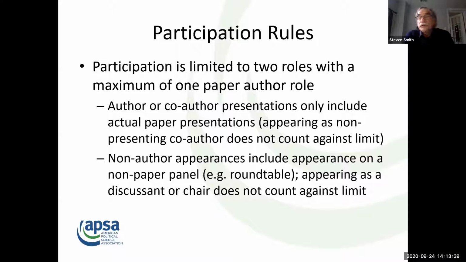Appearing as a discussant or chair does not count against the limit. So this is the basic participation rules. As the second bullet point notes, there are exceptions to this rule, but we do limit everybody to 1 presentation.